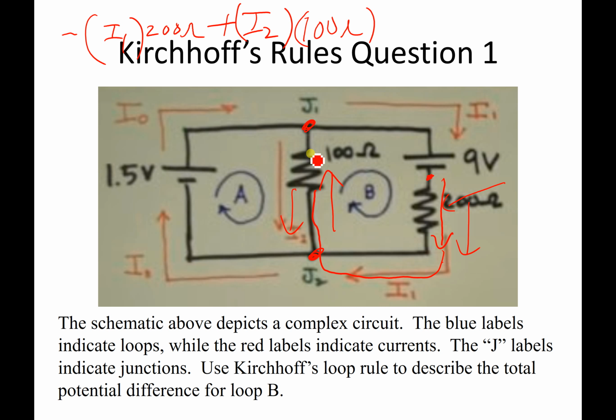All right, then I'm going to continue around my circuit, and I'm going to go through my battery from positive to negative. When you move from positive to negative, the potential decreases through the battery, so minus 9 volts. I've been through all my circuit elements, so all this has to add up to be equal to 0. So that's applying Kirchhoff's loop rule to this particular circuit.